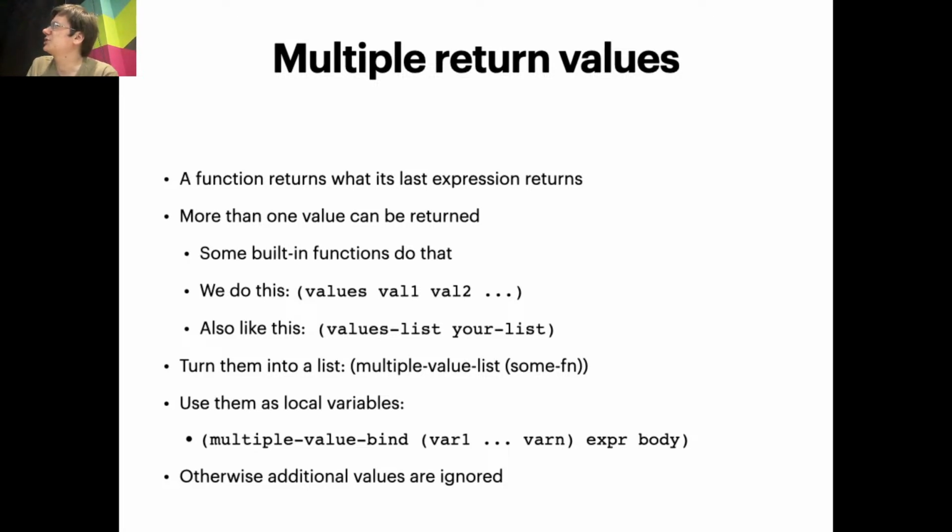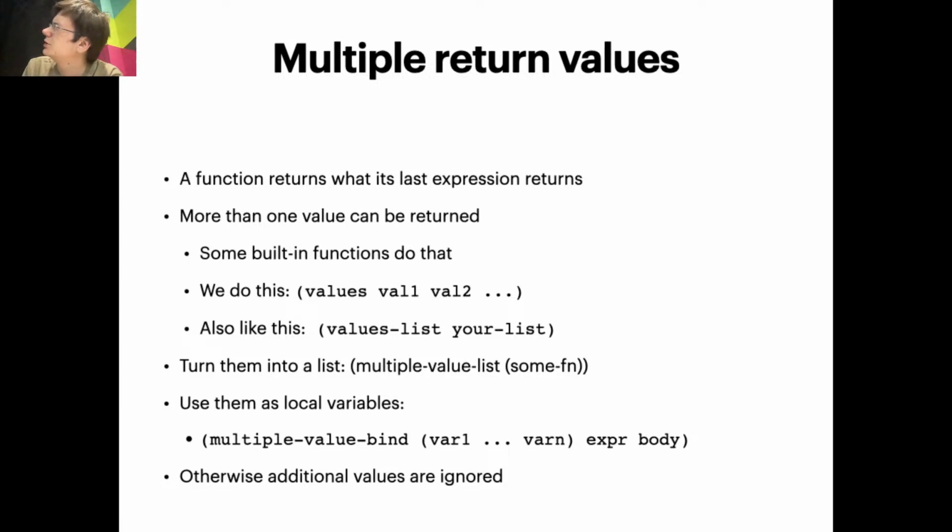So in other languages we would usually return a tuple or a list, but in this case we can have, for example, one primary value, and basically any other value would be optional. So the callers can handle only the primary return value and ignore everything else, which can be very useful.